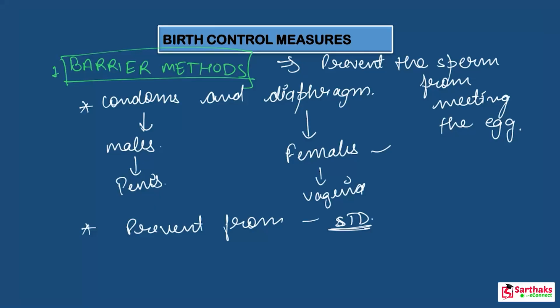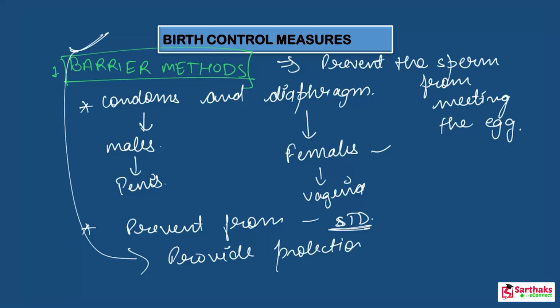Keep this in your mind that there is no other method of contraception that provides protection against STDs. The barrier method is the only method that provides protection against STDs. There are different types of STDs: gonorrhea, syphilis, as well as AIDS.